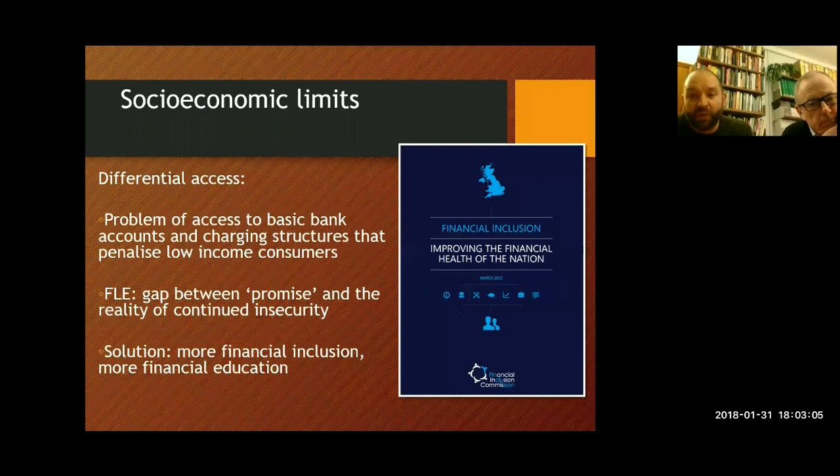And normally the solution from the financial inclusion policy community is to argue for more financial inclusion policies, more financial education, more financial capability programs, rather than fundamentally questioning the aims of financial inclusion policy.